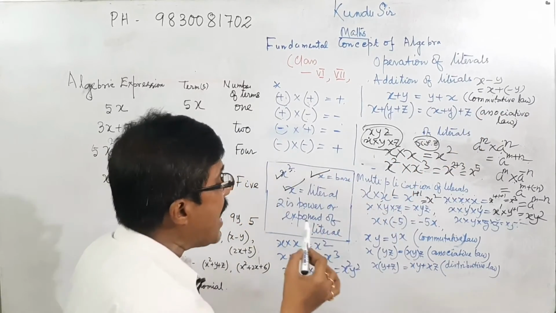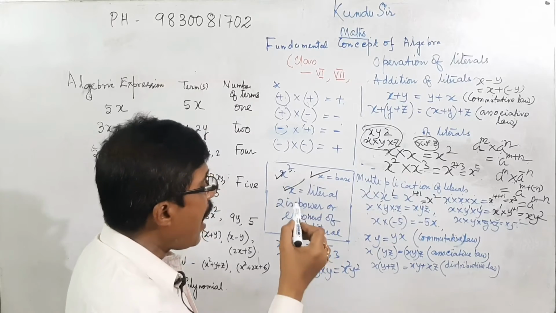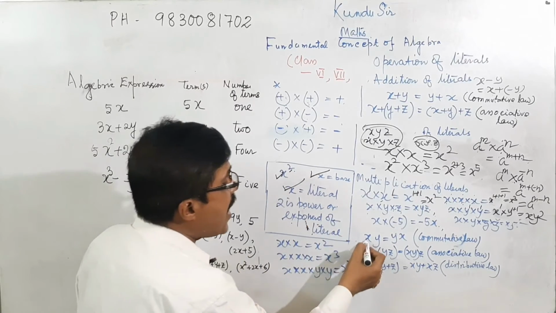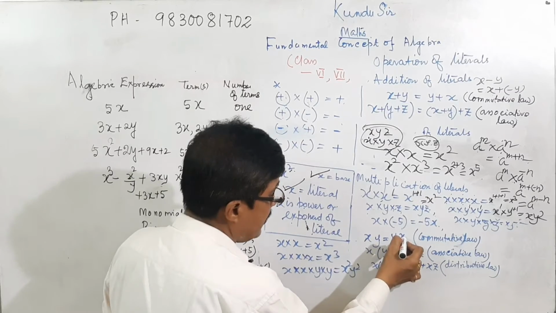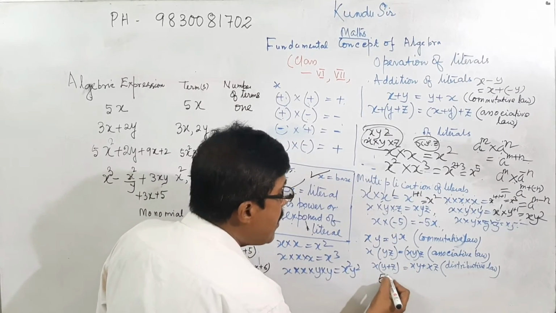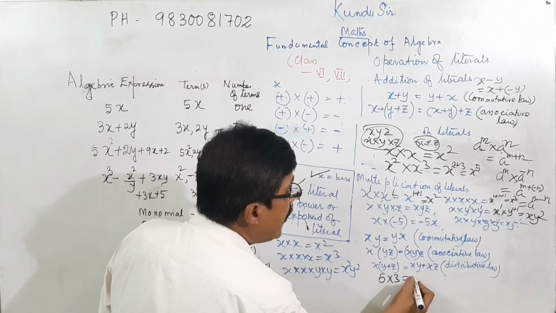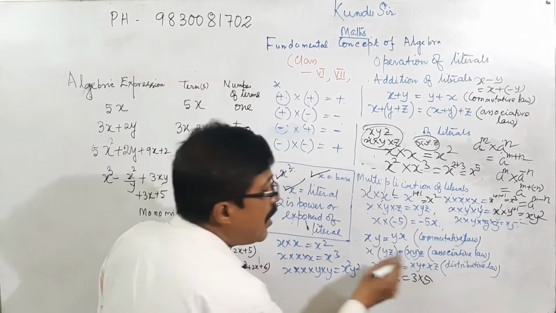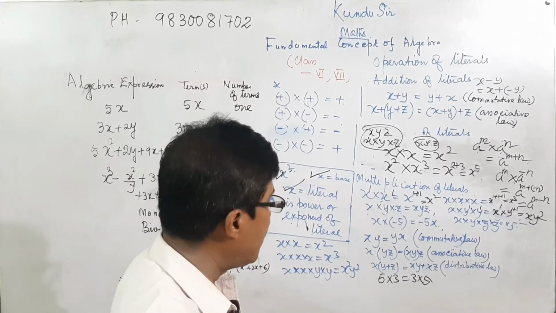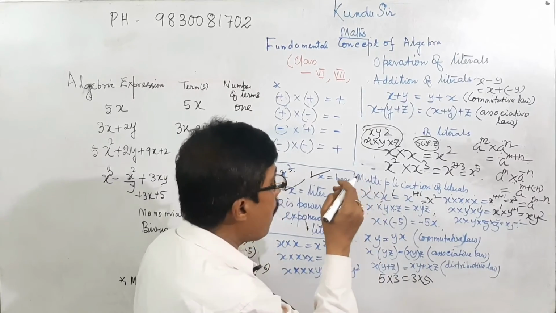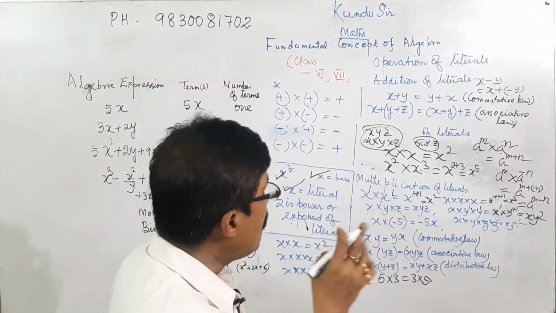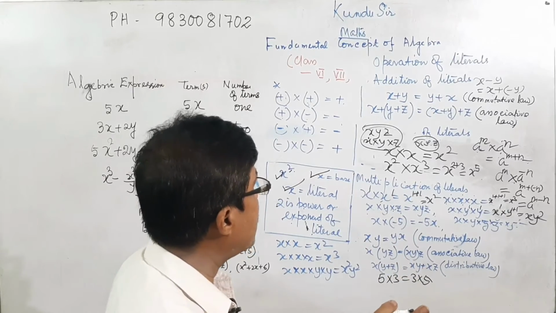But in case of multiplication, I am always explaining that x into y equal to y into x. That means 5 into 3 and 3 into 5, both results are the same. It is called the commutative law of multiplication.